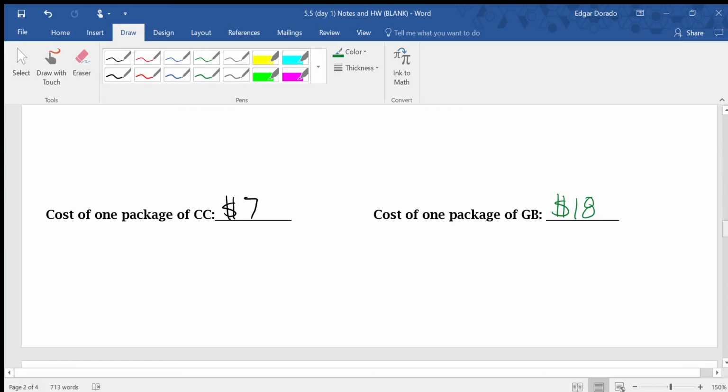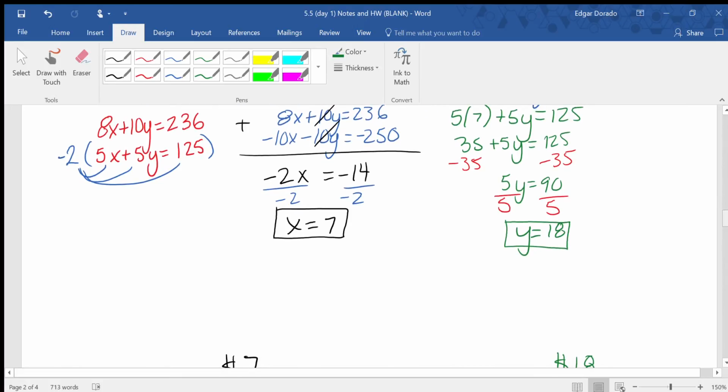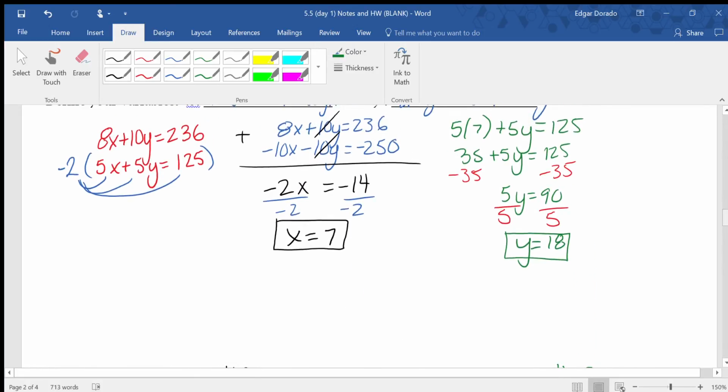Okay, and yet again, guys, if you want to confirm, which is probably a good idea, because I'm not exactly sure why chocolate chip costs $7 and gingerbread costs $18. That looks like it's completely off. Well, let's go ahead and confirm it. We can always do that. That's the power of what we're doing here.